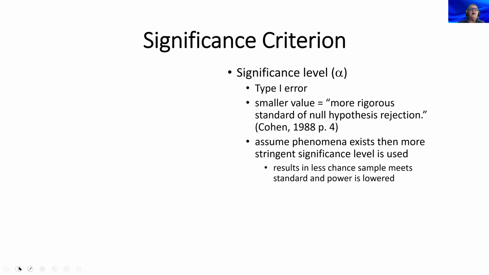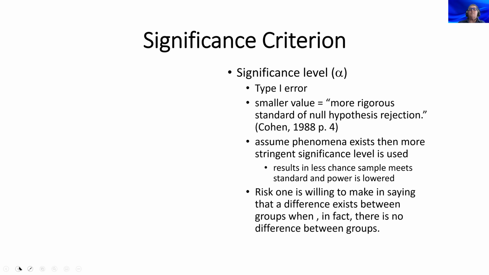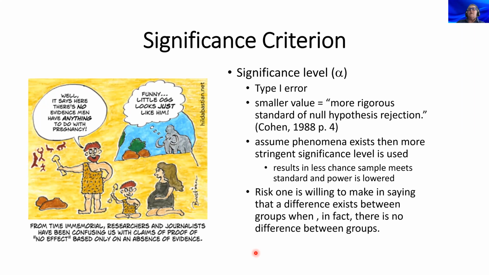One of the points with that is perhaps we have an increased sample size as well. We could note, well, this is the risk that we're willing to take, saying that a difference exists between the groups when in fact there is no difference between the groups, or an association is apparent when in fact there is no association between our measures.